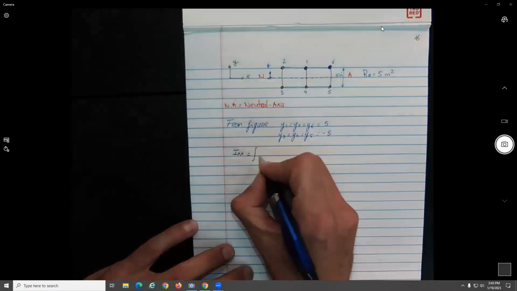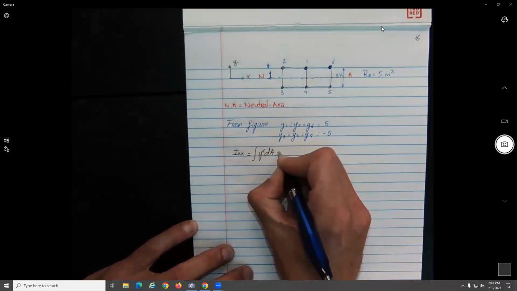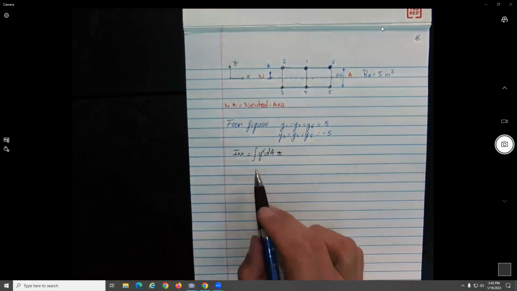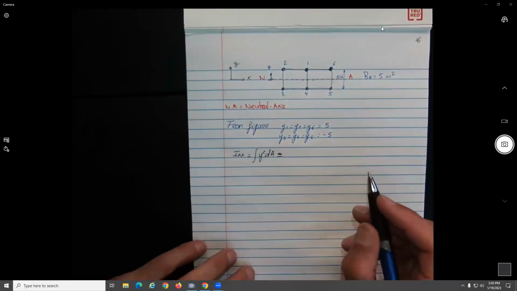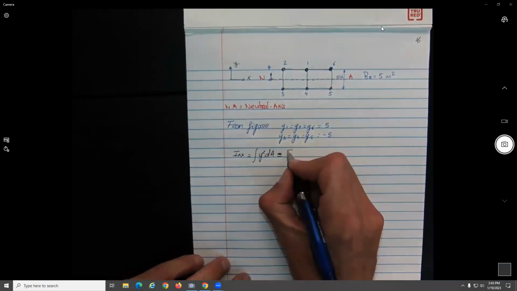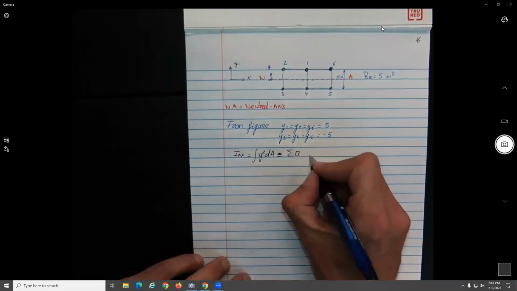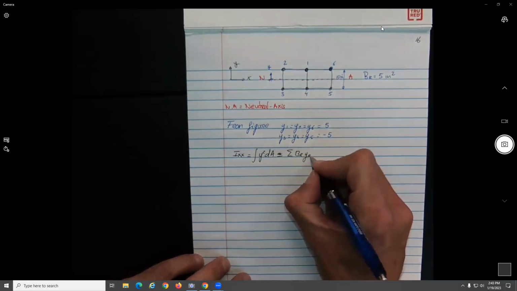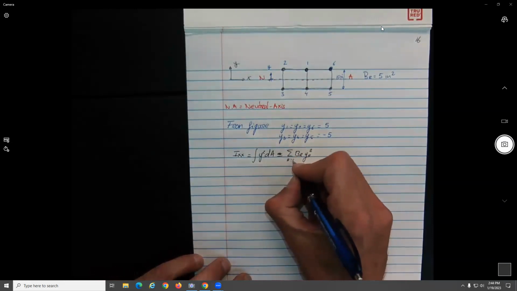Ixx, what is the general definition? The real definition of the area moment of inertia is the integral of Y squared dA, no? But we can approximate this as just being equal to what? To do the integral, it's like doing the summation. So this will be the summation of B sub R, Y sub R squared, R equal 1 to 6.